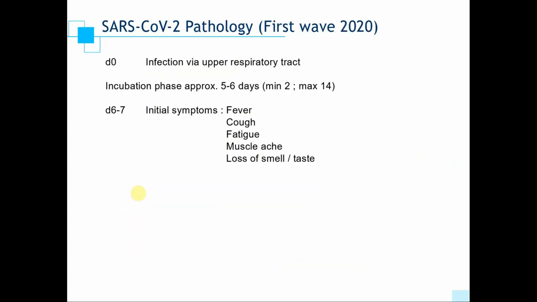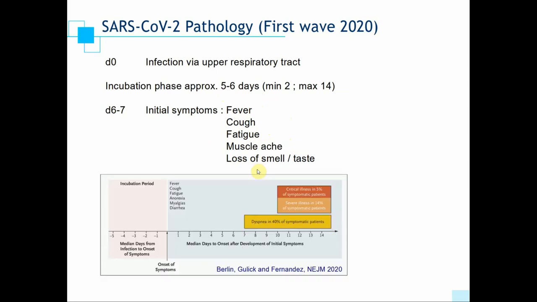Now, if we look at SARS-CoV-2, what's going to happen is that the incubation phase is about 5 to 6 days between infection and symptoms. The first symptoms, and this was for the first wave in 2020: fever, cough, fatigue, nothing very specific. The only thing that's really specific was this loss of smell and taste. And then after you've got the initial symptoms that appear, one of two things happen.